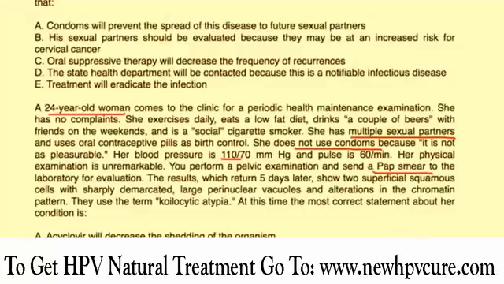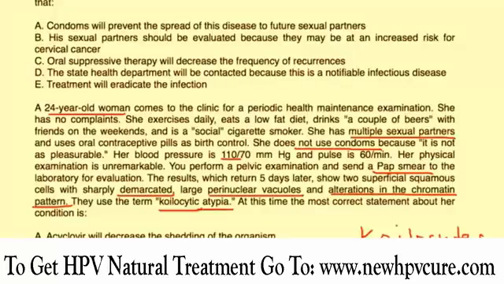The results, which return 5 days later, showed 2 superficial squamous cells with sharply demarcated and large perinuclear vacuoles and alterations in the chromatin pattern. They use the term koilocytic atypia. At this time, the most correct statement about her condition is, well, this pap smear has shown koilocytes.